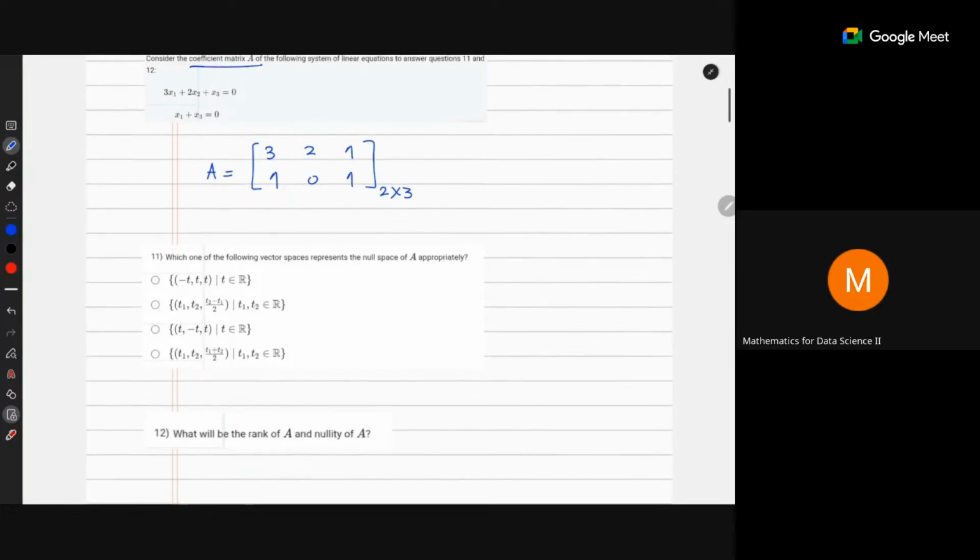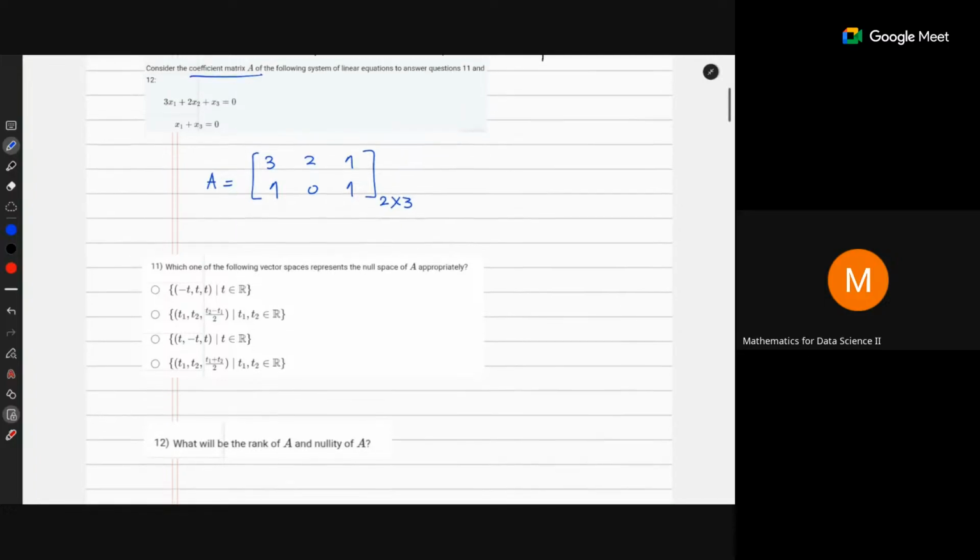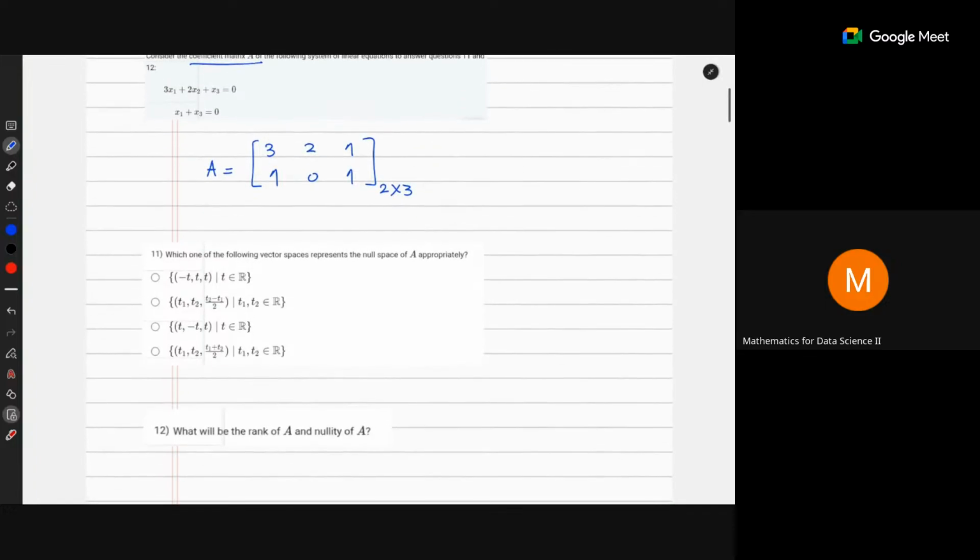Now let's find the null space of this matrix. I need to perform row operations to get the RREF form. I can first interchange R1 and R2, so that I get 1, 0, 1 on top and 3, 2, 1 below.